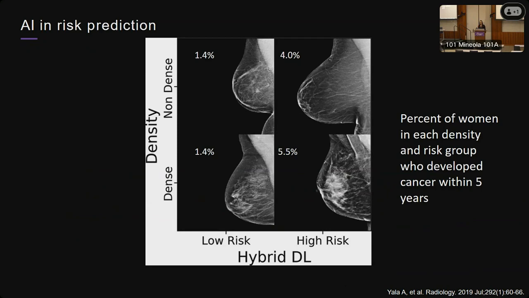So there's something about this mammogram that somehow allowed the AI to put her in a high-risk bucket. Now, I don't know what it is, and I bet you guys don't know what it is, but there's something there. And then similarly, this dense patient somehow can be in a low-risk group that the AI is triaging. And then these percentages show that over 5 years, those people in those buckets really did develop breast cancer at different rates.